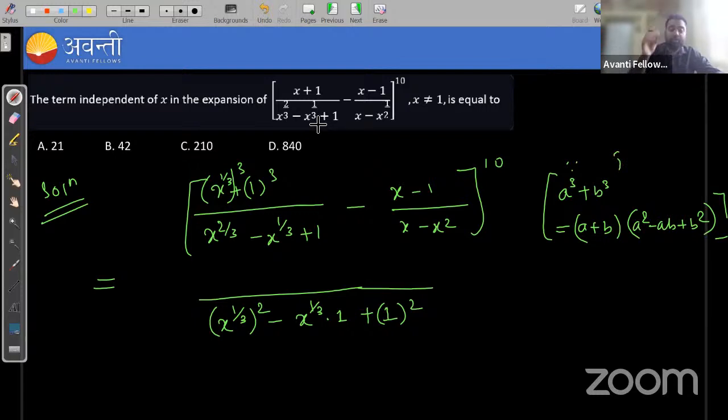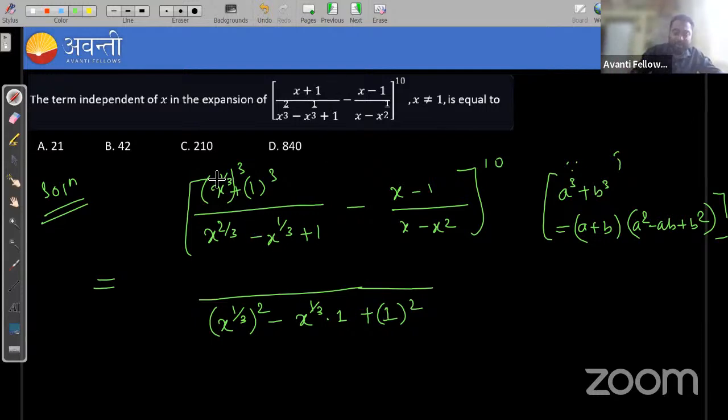In the denominator of the first term of the given expression, it is given x to the power 2 by 3. So x to the power 2 by 3 can be written as x to the power 1 by 3 whole to the power 2, minus x to the power 1 by 3 into 1, plus 1 square. And also x plus 1 can be written as x to the power 1 by 3 whole to the power 3 plus 1 to the power 3.